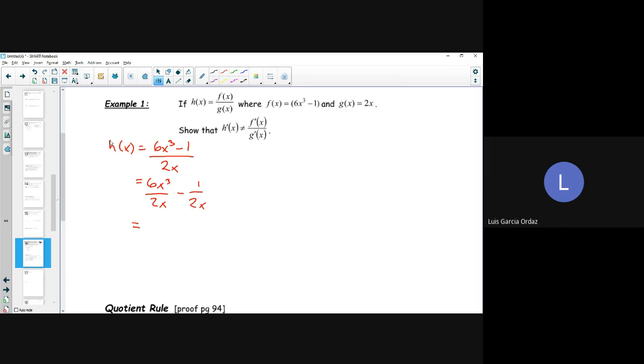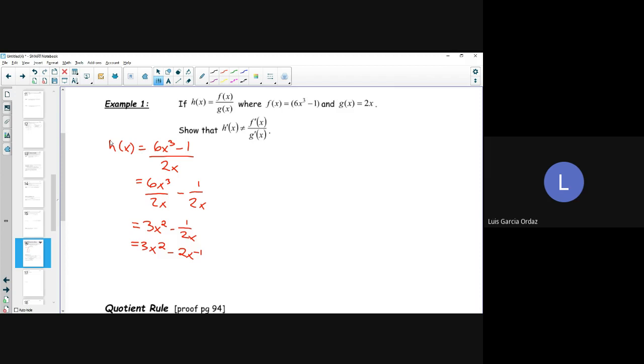So 6x cubed over 2x, what would that simplify into? 3x squared, minus 1 over 2x. Okay?